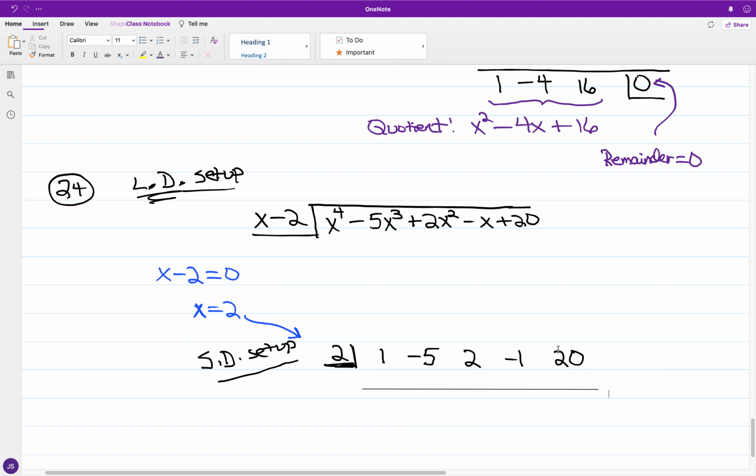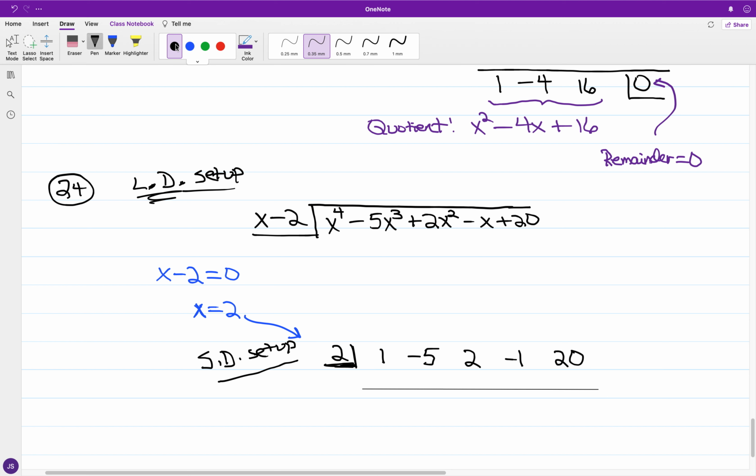Again, long division has row by row subtracting, while synthetic division is column by column adding. The leading coefficient is 1, so this is going to be brought down.